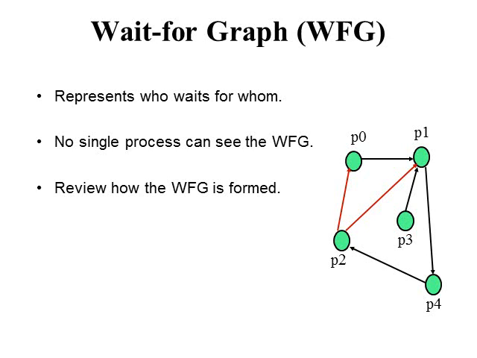The best way to represent a deadlock is using a wait for graph. A wait for graph is nothing but a representation of different processes, showing which process is waiting for which process. In practice, a single process cannot see the entire wait for graph.